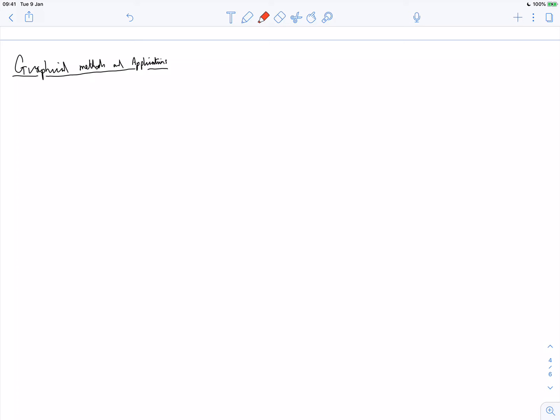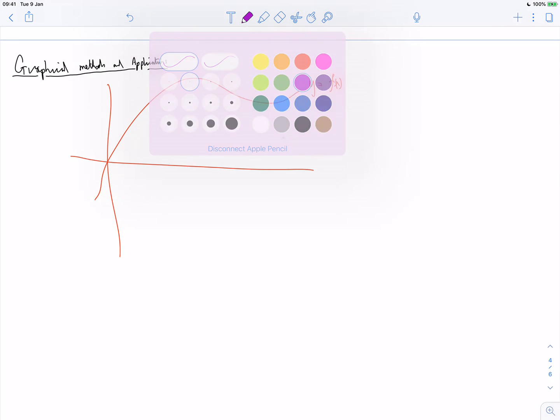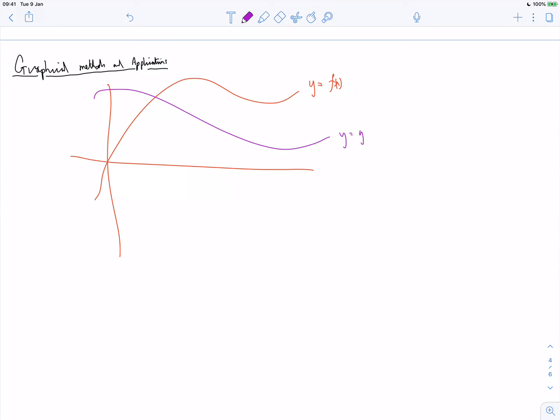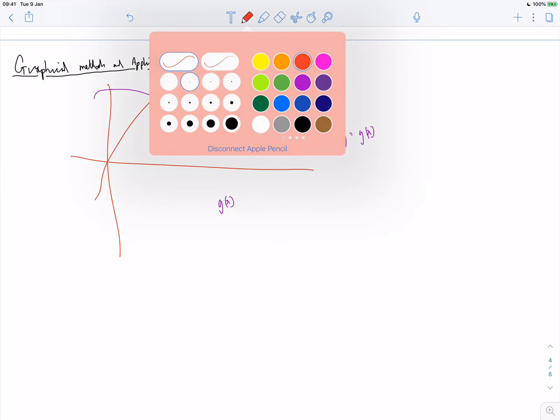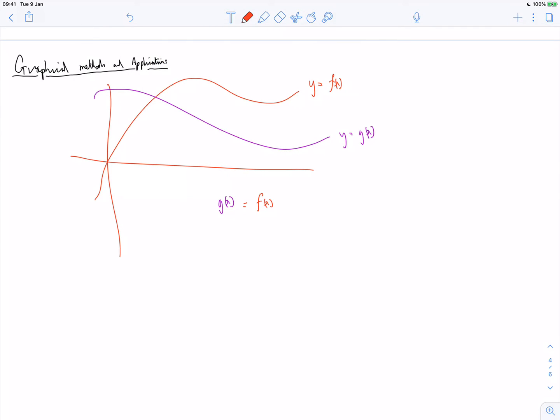For example, if I've got a curve going like that, and let's say this is y is f of x, and I've got another curve doing something like that, where that's y equals g of x, then if I solve simultaneously g of x equal to f of x, the solution, where they equal each other, will be where the two graphs have the same output, and that's going to be the point of intersection. So by solving this, you find points of intersection.